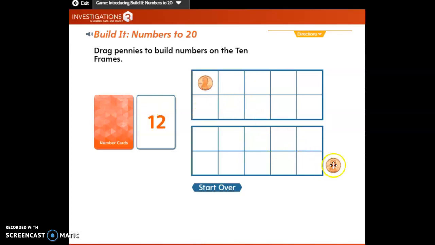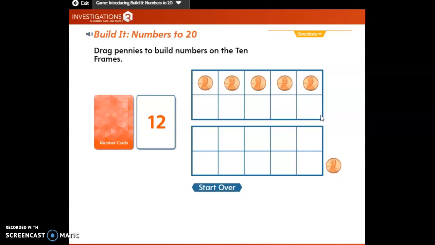1, count with me. 2, 3, 4, 5. I'm going to stop for a second. I'm still building to the number 12. Do you think I'm going to fill up this whole 10 frame?